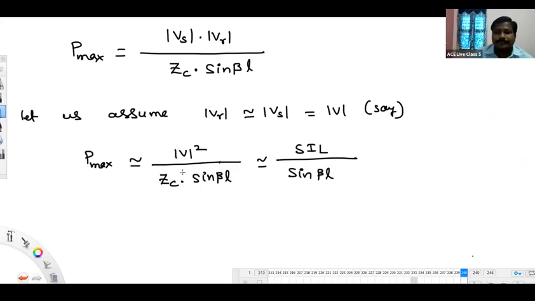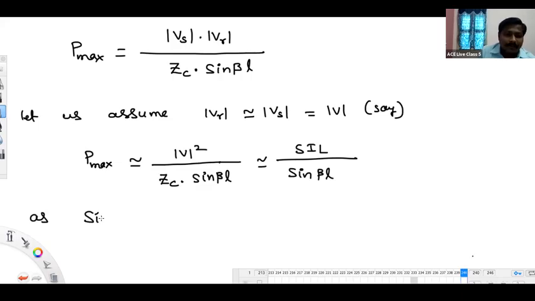Next, see, how is the sine value? Sine of an angle is generally less than 1. If this value is less than 1, SIL divided by less than 1 is the value of Pmax. So definitely we can see that Pmax will be greater than SIL.